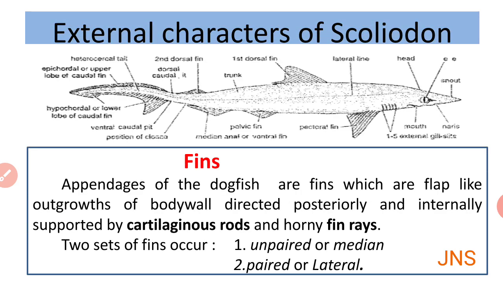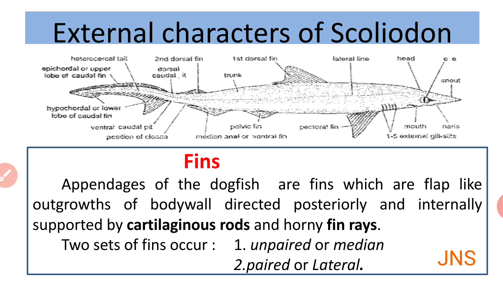Next, about the fins. Fins are the appendages of the dogfish. They are flap-like outgrowths of the body, directed posteriorly, and are internally supported by cartilaginous rods and horny fin rays.